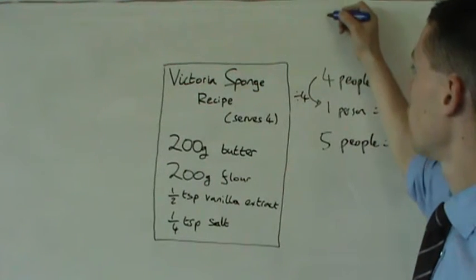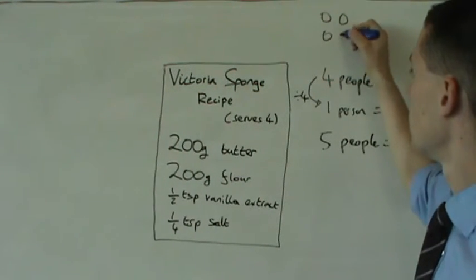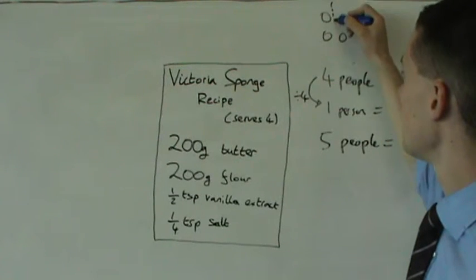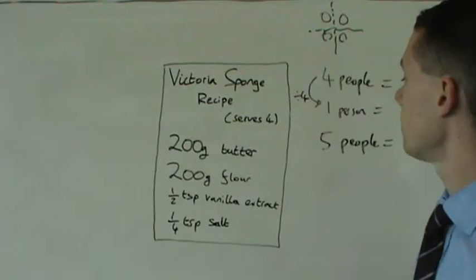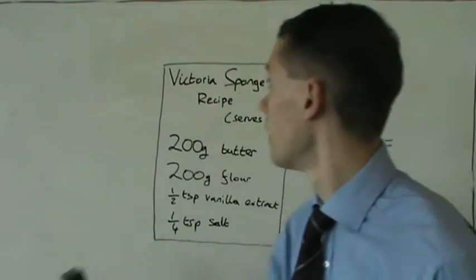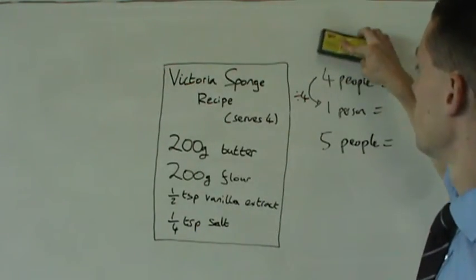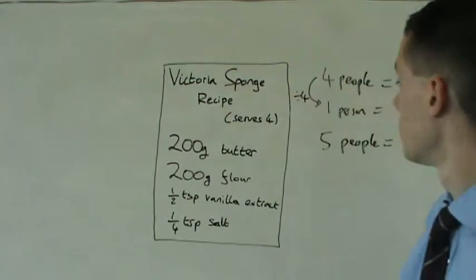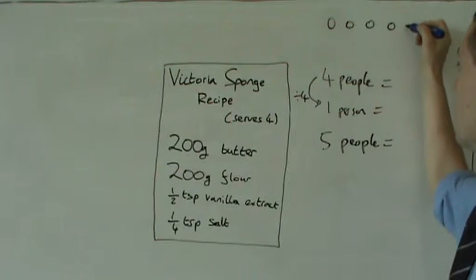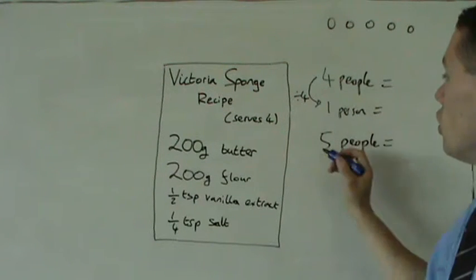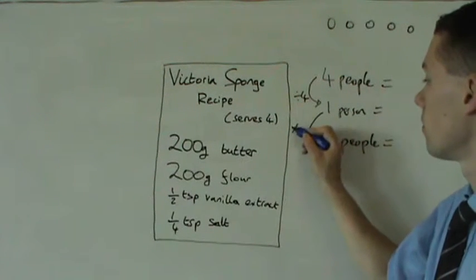So for example, if you've got 4 people, to go down to 1 person, you divide into 4 parts. 1, 2, 3, 4 to get 1 person. And then to go from 1 person to 5 people, 1, 2, 3, 4, 5, you multiply by 5.